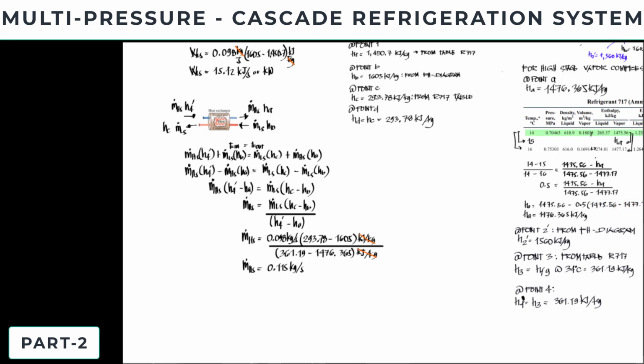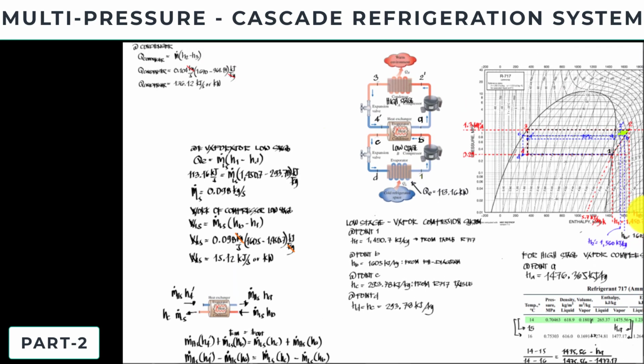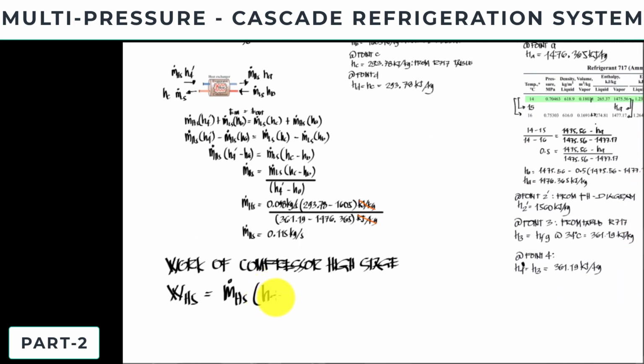So, let's compute naman yung work. No? So, we have work of the compressor at the high stage. So, that will be the mass flow rate at the high stage times, referring to the figure, cycle diagram, enthalpy 2 prime minus my enthalpy A, no? Work on high stage, so we substitute the value 0.115. So this is kilogram per second.